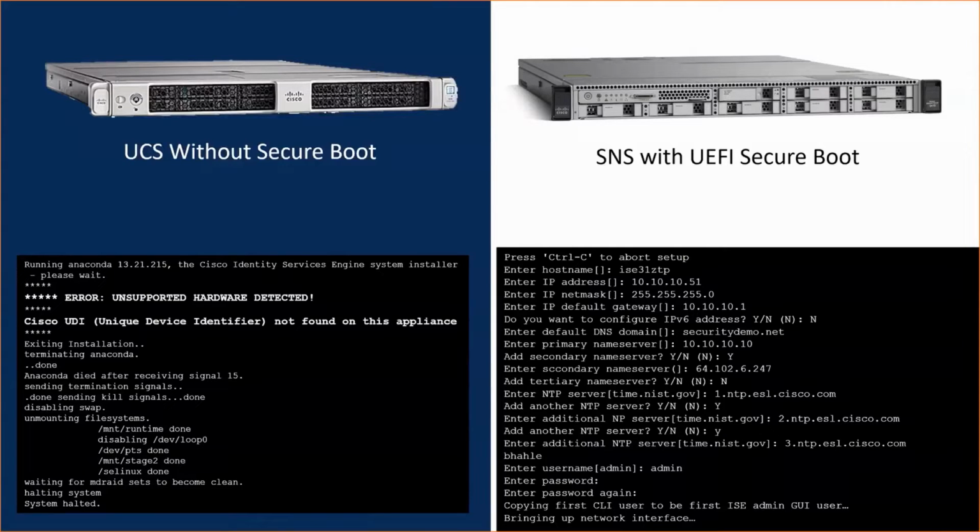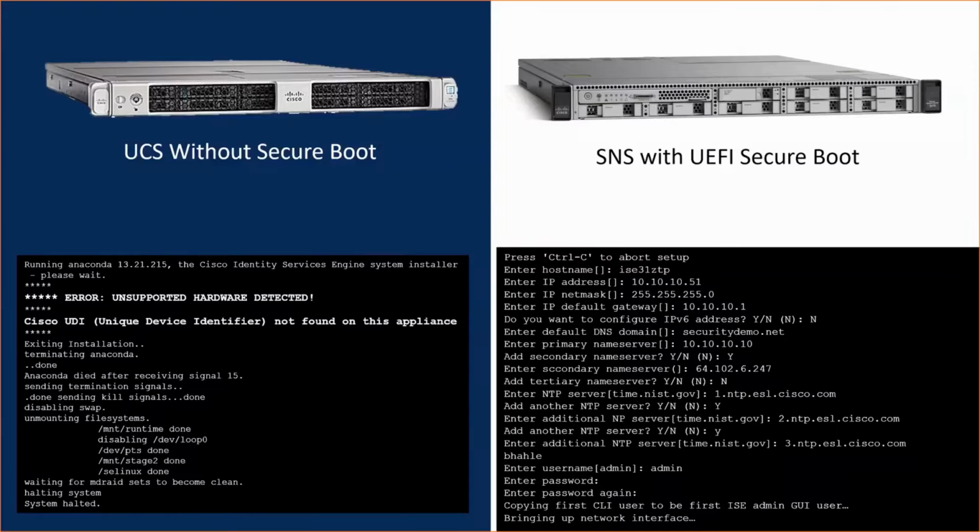And as you see here, you get the setup prompt and you can install ISE. If you try to install ISE from an ISO onto a UCS server, you're going to get an unsupported hardware detected error, and it's going to exit the installation. So that just shows that you need to have a secure boot feature with UEFI and a Cisco signed ISO to be able to install onto an SNS. It just helps to keep your platform secure.